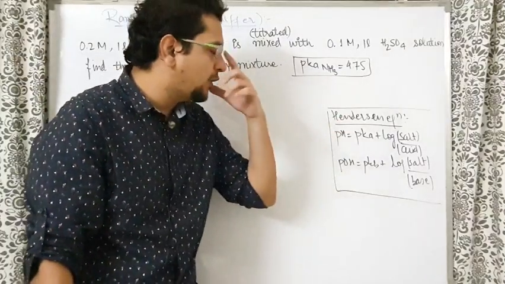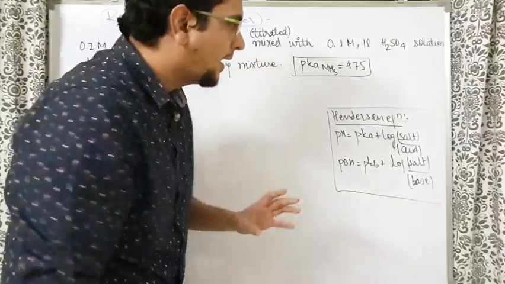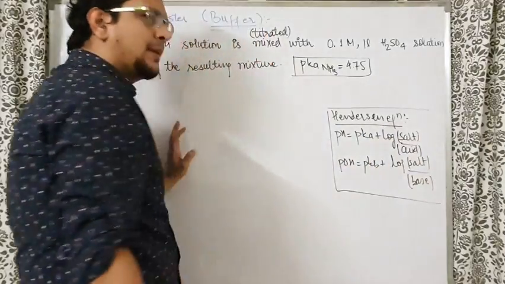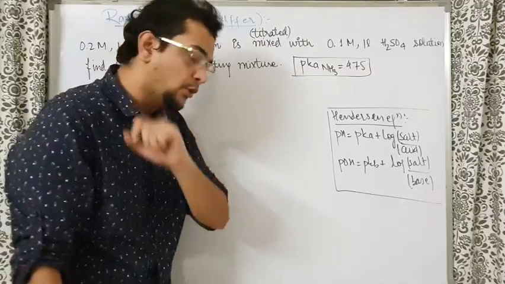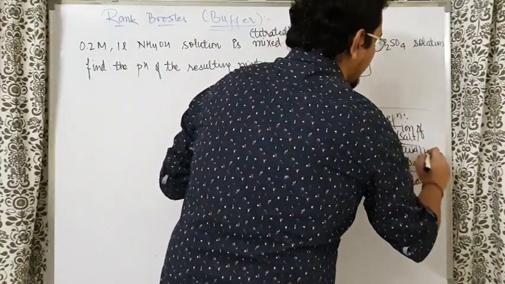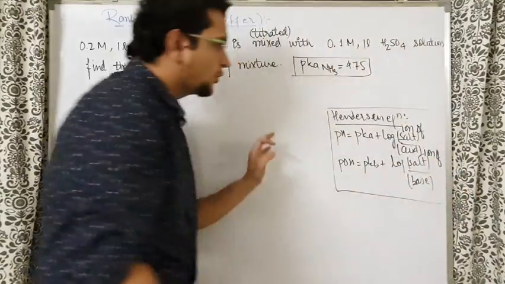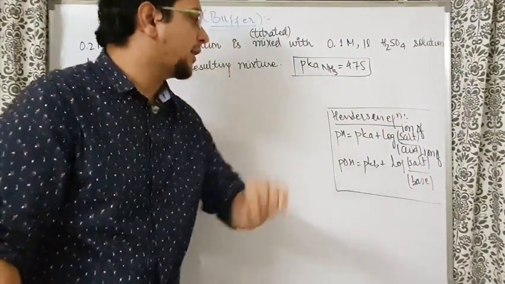But if you have come here and you are attending this lecture right now, one clear concept you should know. Writing salt by acid, salt by base is okay if a theoretical question comes, but for numerical, never do this. For numerical, keep this in mind: here you should write the ion of the salt, and here you should write the ion of the salt. So instead of writing the salt, you should focus upon the ion of the salt. Which ion of the salt?